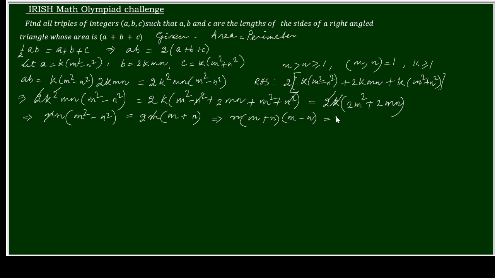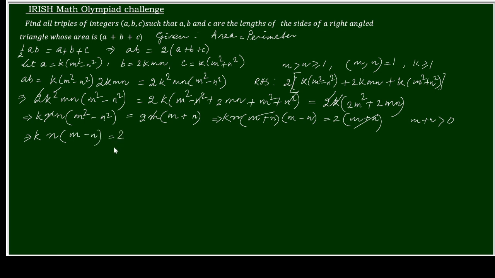That equals 2 times M plus N. Again M plus N is also cancelled, but I am missing one K here, so on the left side K will remain, so K into M N. So K times N into M plus N equals 2 times M plus N. So M plus N we can cancel from both sides, since M plus N is greater than 0, positive. So now we are getting K into N into M minus N equals 2.